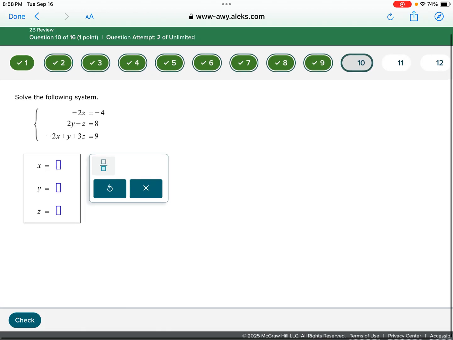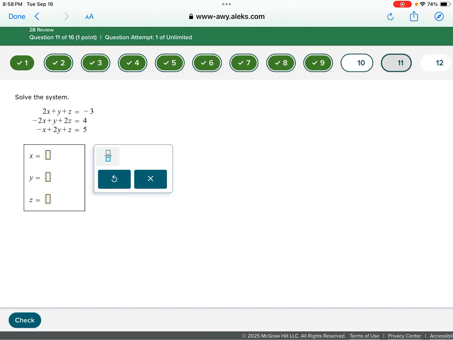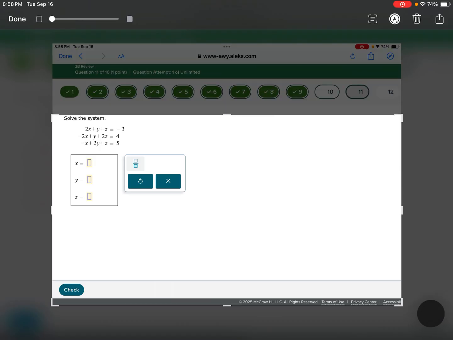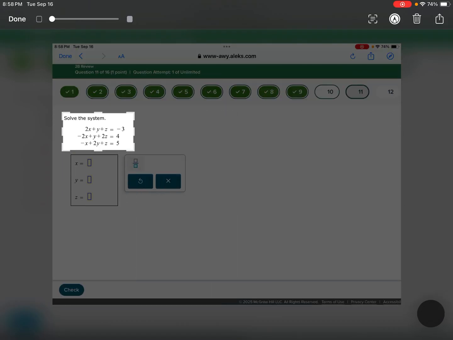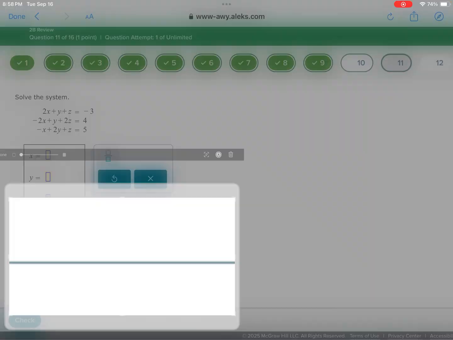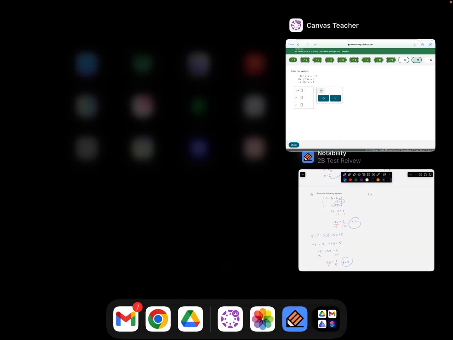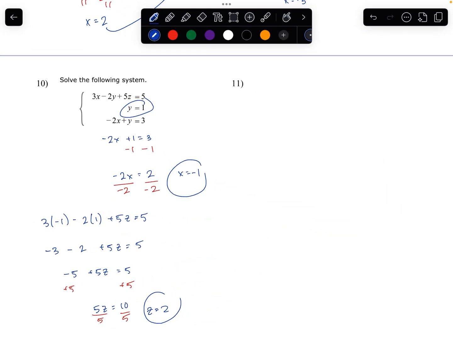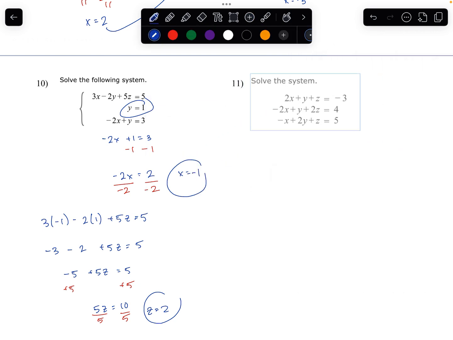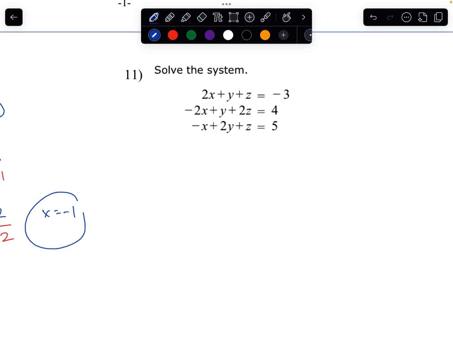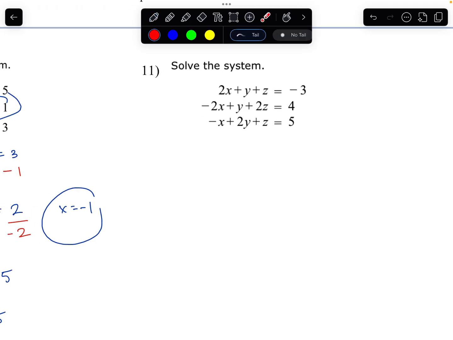For 11, now 11 should be kind of like a... Oh, this one's a more difficult system of equations. But still something that we can do. Okay. All right, so let's work through this right here.